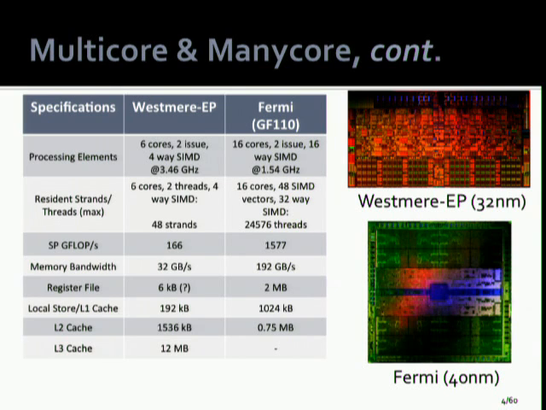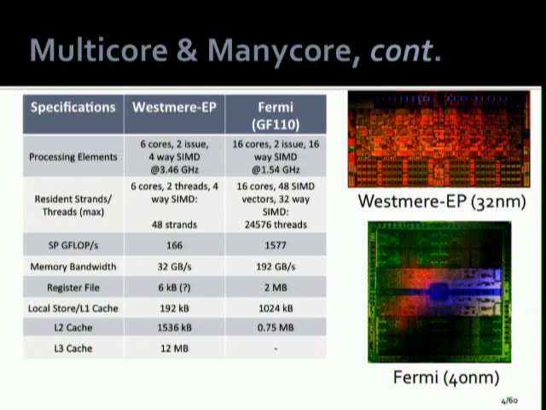So the amount of parallelism that you need to fill a Fermi chip is really big. You need about 25,000 SIMD lanes worth of parallelism in your program in order to fill the chip and keep it running. In contrast, on the multi-core chip, you need like 48. So there's a difference of about a factor of 50 there.